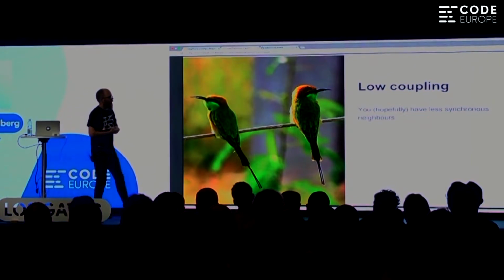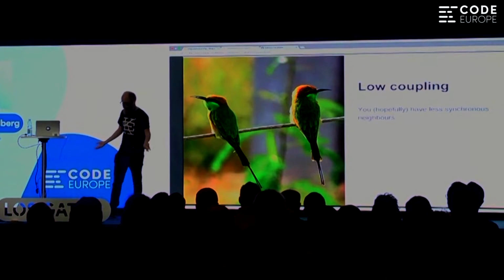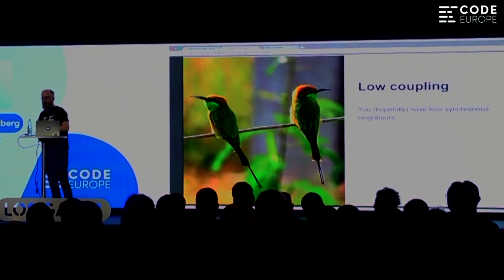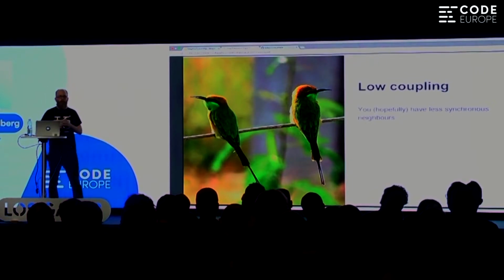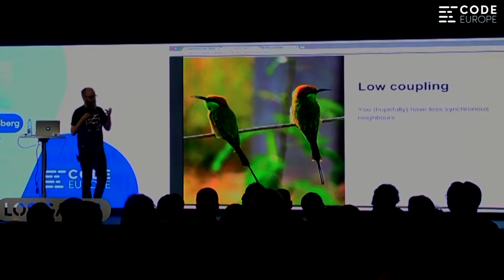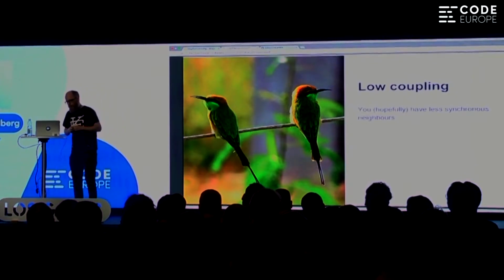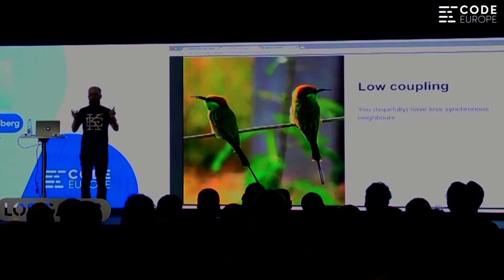But something good in testing is that since you're now not directly talking to anyone, hopefully, you should have very low coupling and have less synchronous neighbors. Normally a problem when you have microservices is that if you want to test one, it calls two different services, so you have to spin those up, and then they call two different services.